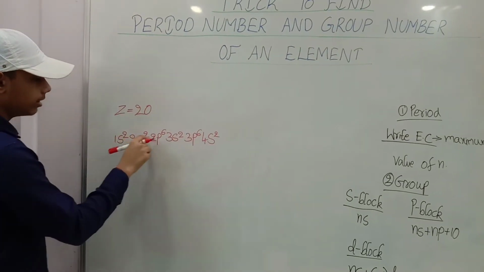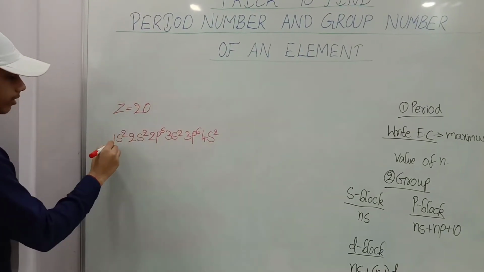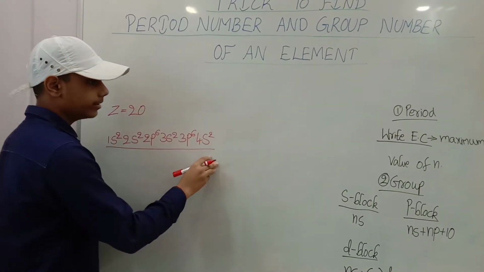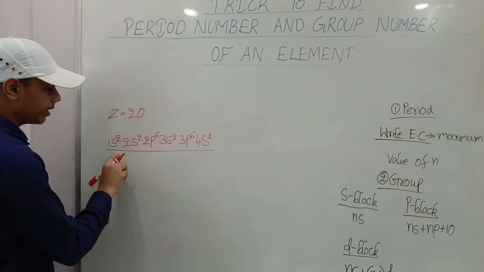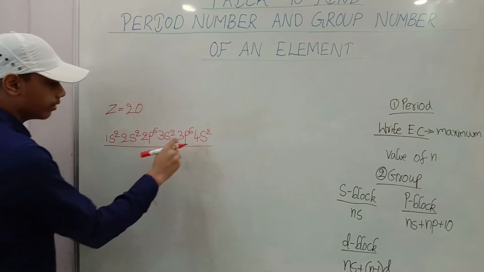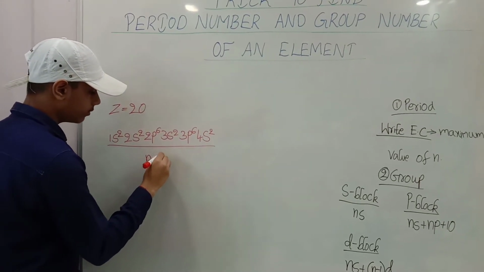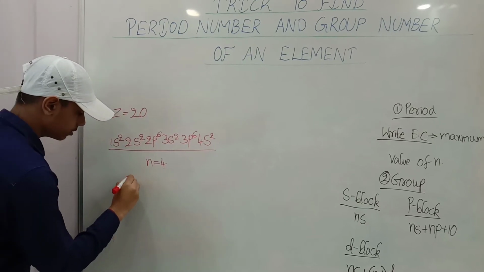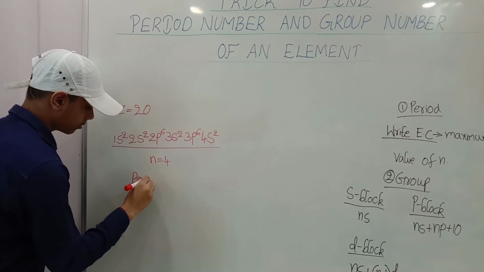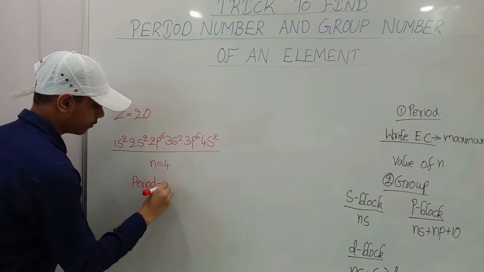If we add all this, we get 20. Now after writing the electronic configuration, we should find the maximum value of n. The maximum value of n in this electronic configuration is 4. So n equals 4. So the element with atomic number 20 belongs to the fourth period.